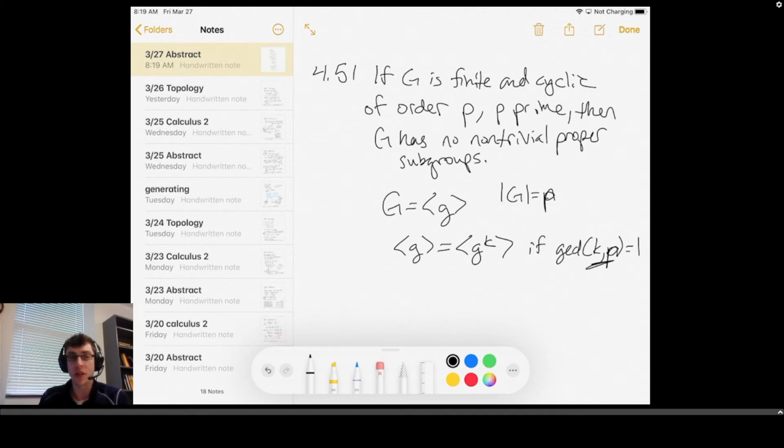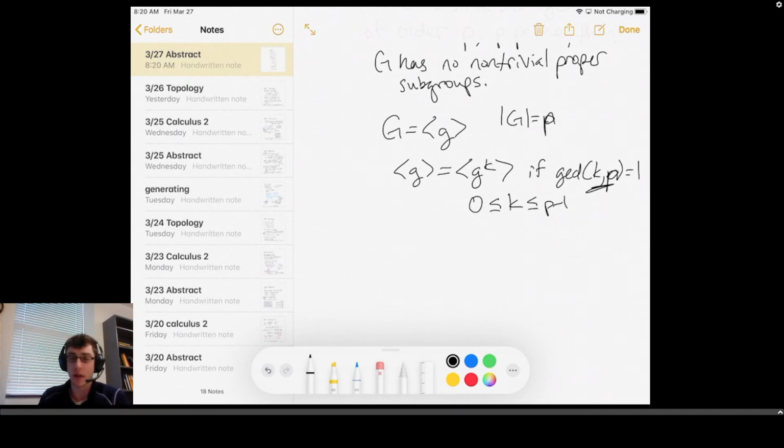What has GCD 1 with the prime number? If we're looking at powers, we can assume if it's a finite group that all of our powers are between 0 and P minus 1. So what does that tell us?